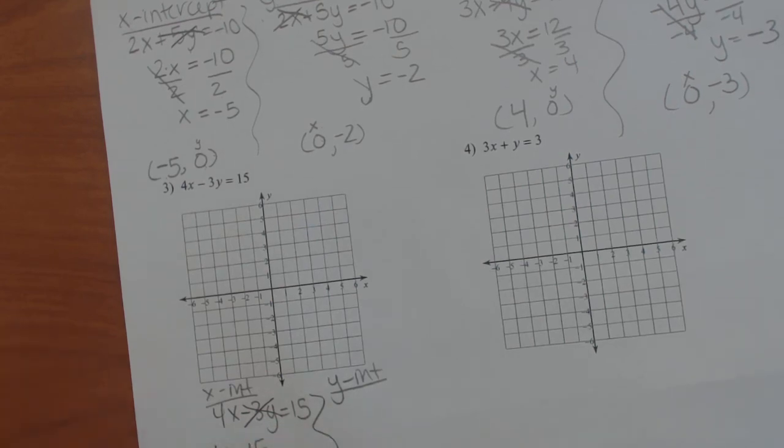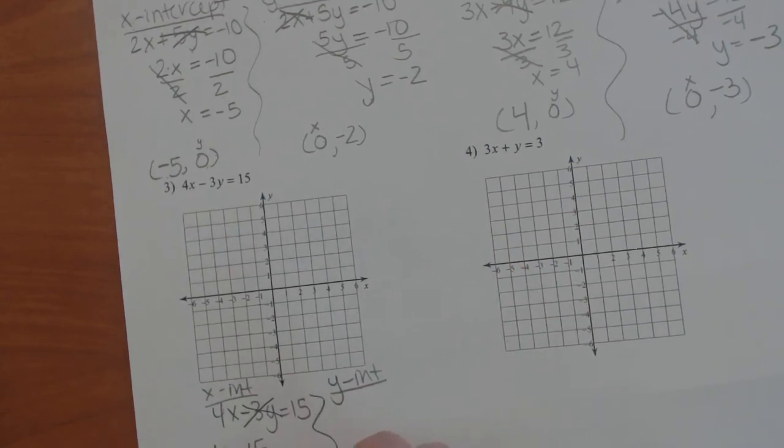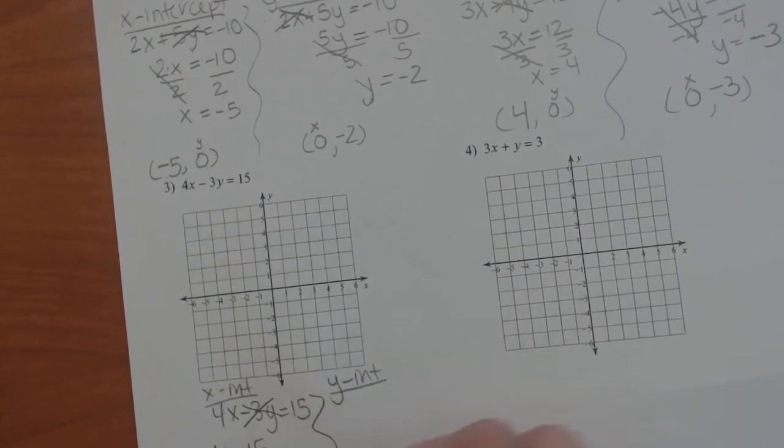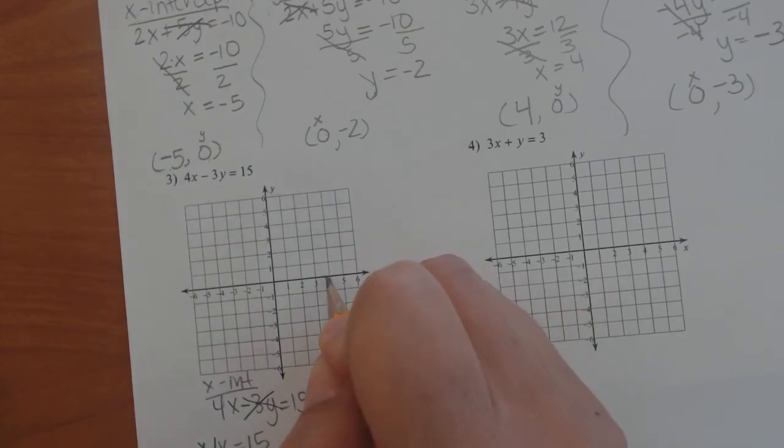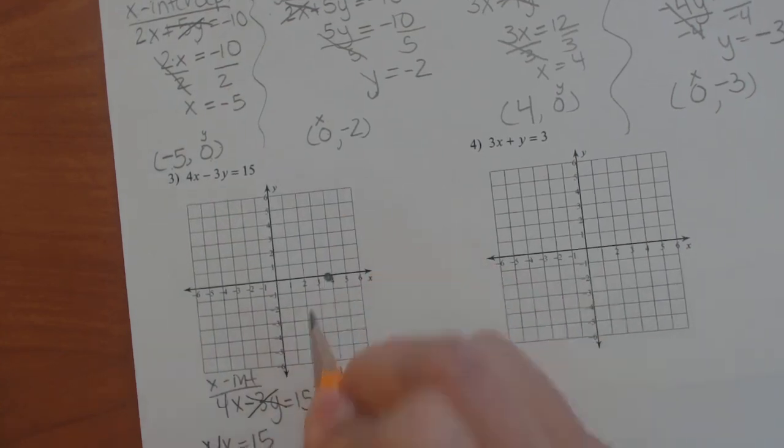Now this is not going to come out to be perfect because 15 divided by 4 is a decimal. So let me get my calculator and divide 15 by 4. And I get 3.75. Now these are not going to be perfect. I'm just going to go to 3.75, so very close to 4.